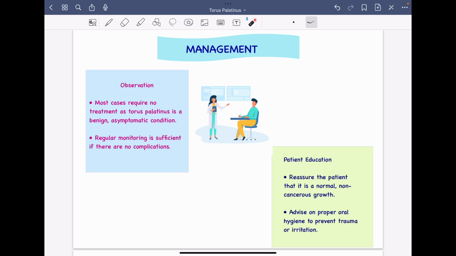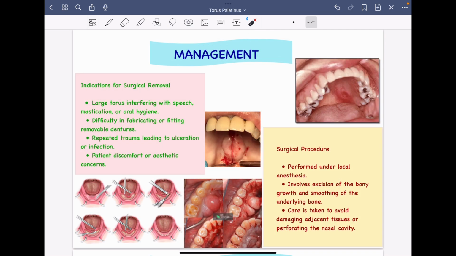It also may appear as a cancerous growth to the patient, therefore reassurance is very necessary. And also you will have to advise proper oral hygiene so that there is no trauma or irritation inflicted onto it. Because if any trauma is given to that particular area, then definitely there will be ulceration, pain and bleeding. So this was our conservative line of treatment which we have discussed.